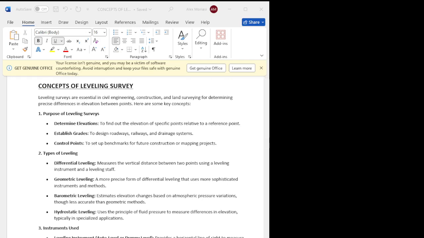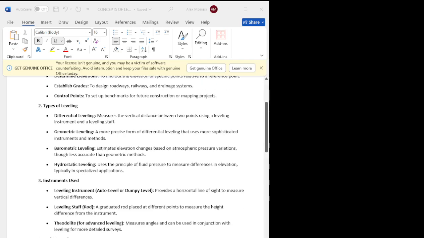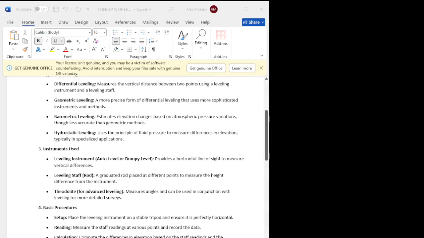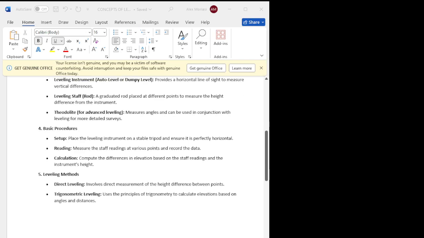Number two, types that are being used, all types of leveling survey. Number three, we deal with instruments or equipment used in leveling survey. Number four, we are going to look at the basic procedures that are going to be used. Number five, we have leveling methods.